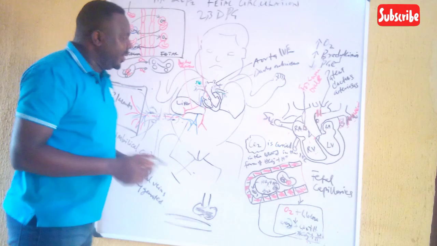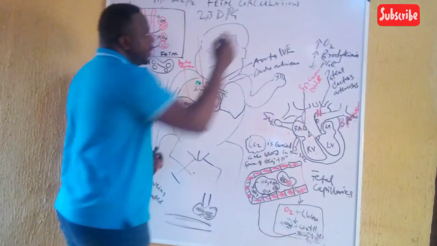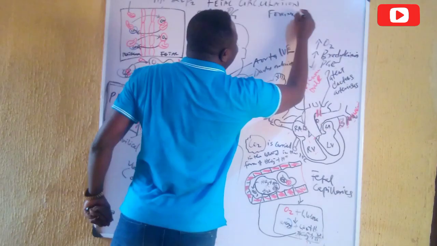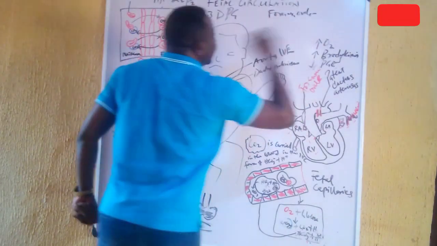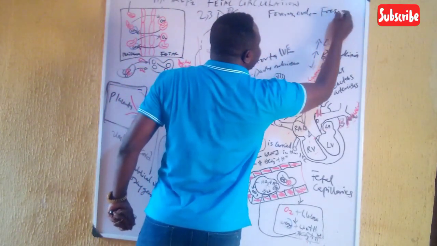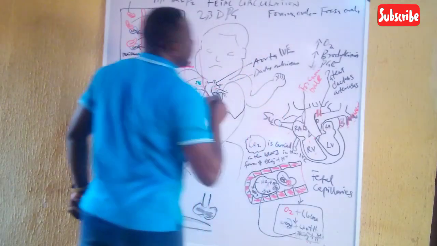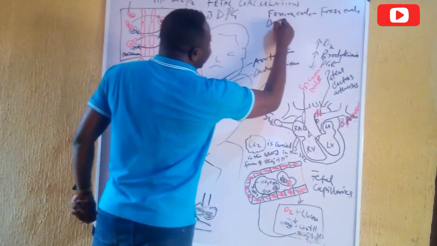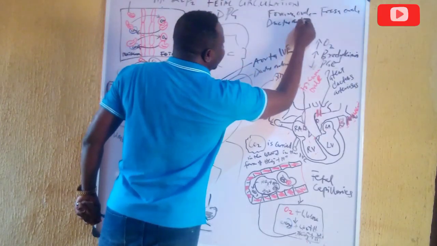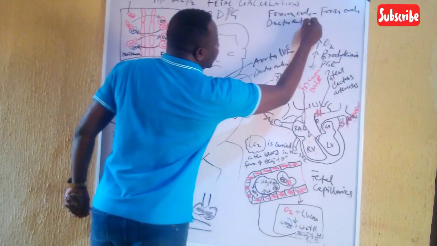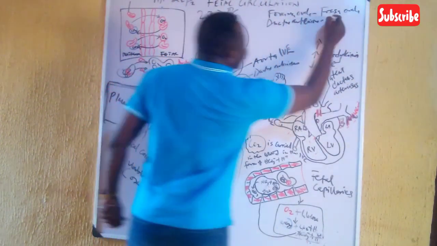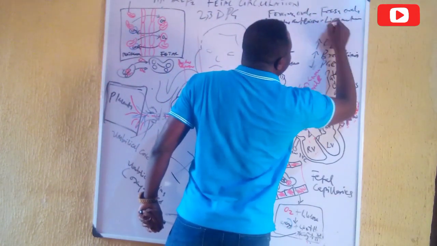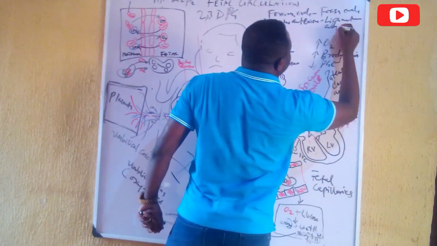Now, when the baby is born, of course, foramen ovale becomes fossa ovale, ductus arteriosus becomes ligamentum arteriosus.